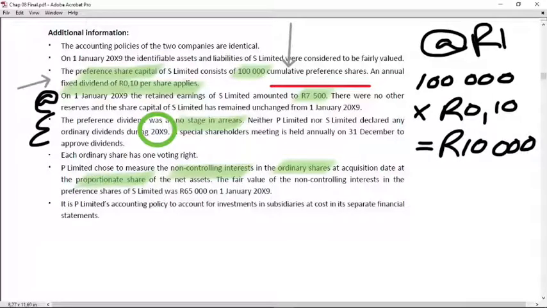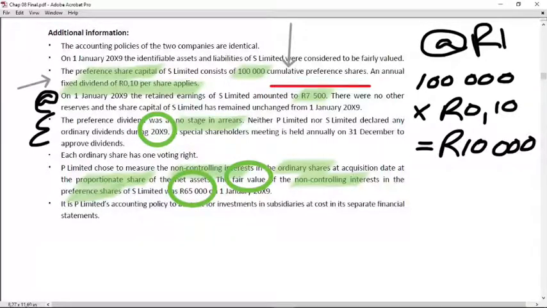Remember, the moment we have preference shares also included in the equity of S, we have 2 at acquisition consolidation journal entries, and we need information to measure non-controlling interest in the ordinary shares and the preference shares at acquisition date. The fair value of your non-controlling interests in the preference shares was given as 65,000 Rand.